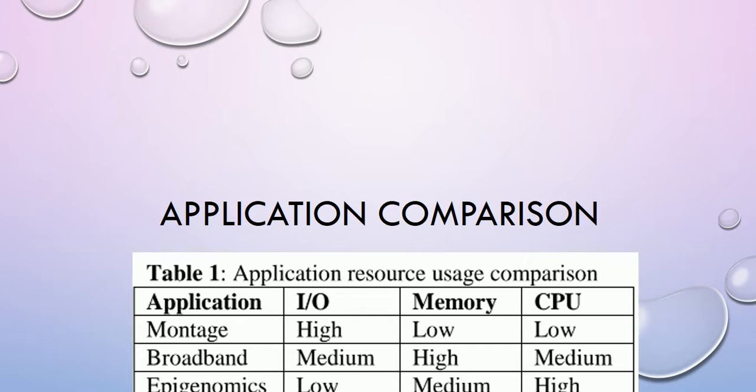The workflow contains 81 tasks, reads 1.8 GB of input data, and produces 300 MB of output data. Epigenomics is considered to be CPU bound because it spends 99% of its runtime in CPU and only 1% on input/output and other activities.